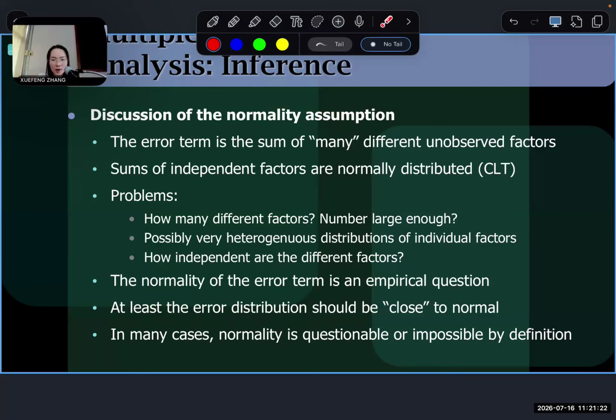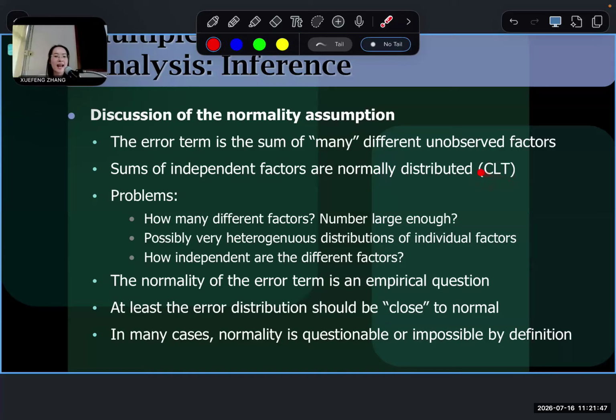The argument is that mu is really the sum of many small unobserved factors we didn't include in our model. And there's a famous statistical result, the Central Limit Theorem, CLT.